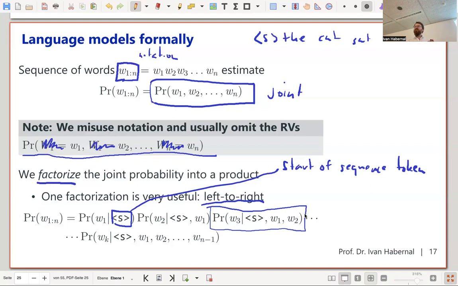So we do it in the way we can use it. We do it in the way language works. Language works linearly from left to right. You only see the history, the first word and second word, and you can predict the third word. It wouldn't make any sense to predict the fifth word given the first and second word, and then given the fifth word, first word, and second word, to predict the third word. It makes no sense.